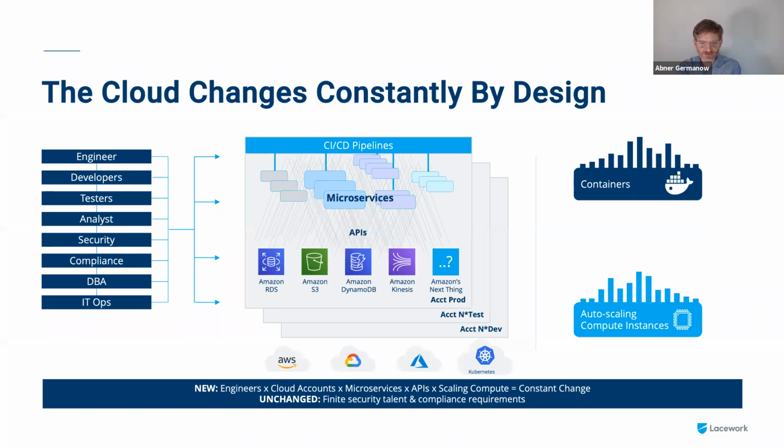One of the things that we all experience is that the cloud is constantly changing. We have users and services and compute instances going up and down. We might have extra layers of complexity with Kubernetes, but there's a lot going on, and we need to be able to understand what's happening, and it can be hard.